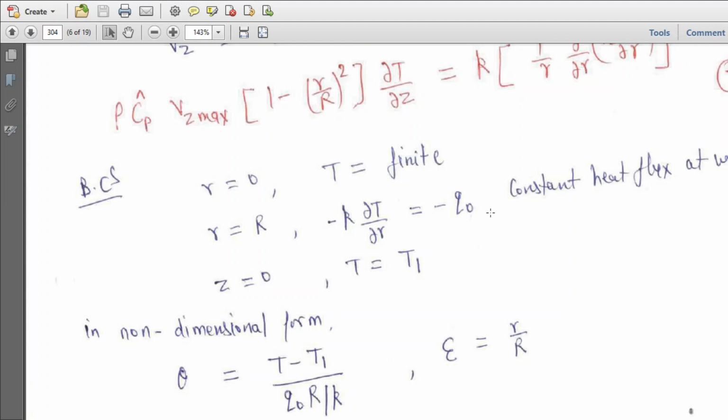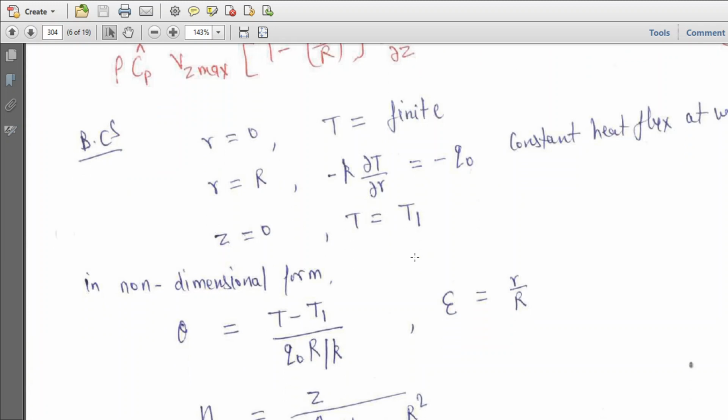So the conduction flux will be equal to the flux at the wall at steady state. At Z equal to 0, the point where the fluid is just entering, the fluid has temperature equal to T1.